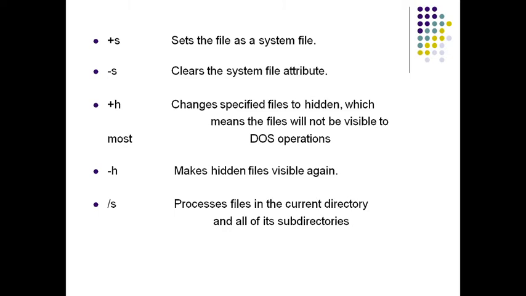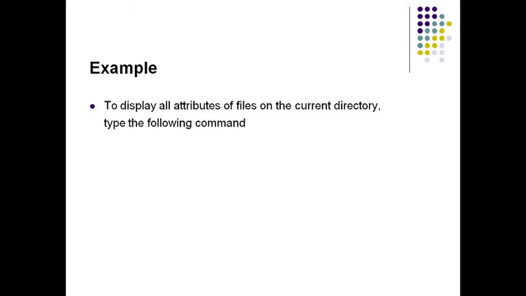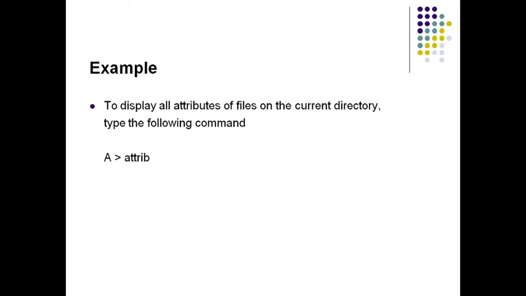Okay, students, slash S is the option used for processing the files in the current directory and all of its subdirectories. Let us see the example of the attrib command. To display all attributes of files in the current directory, type the following command: a greater symbol, attrib.